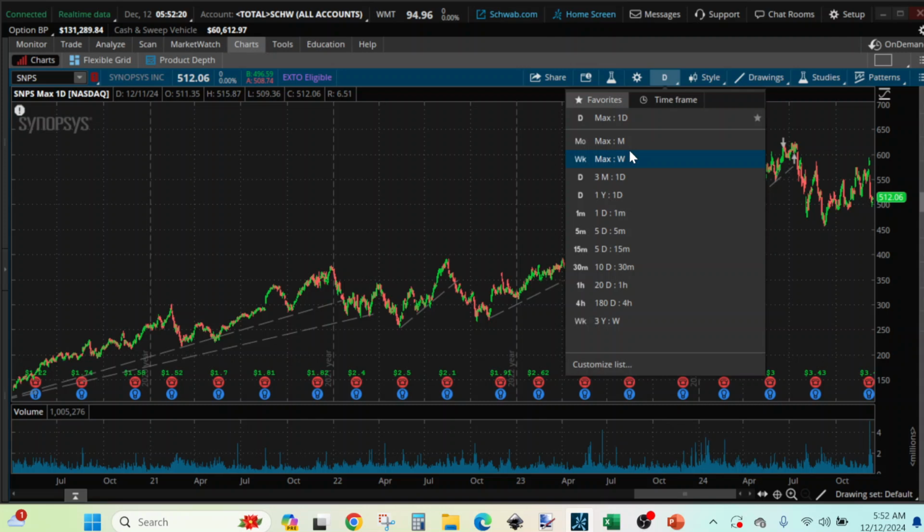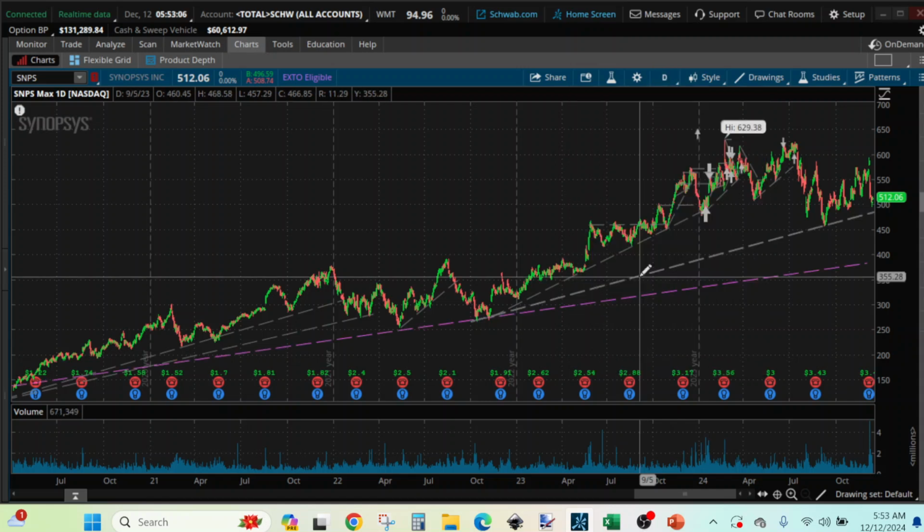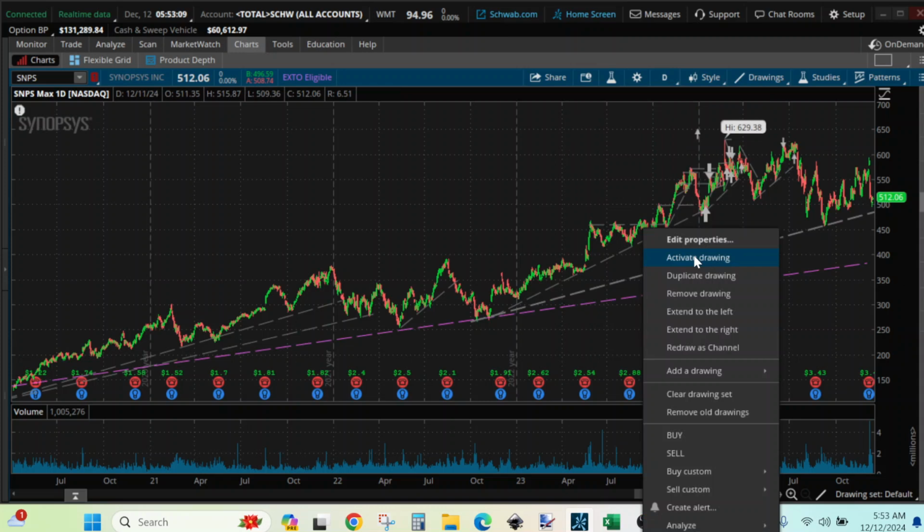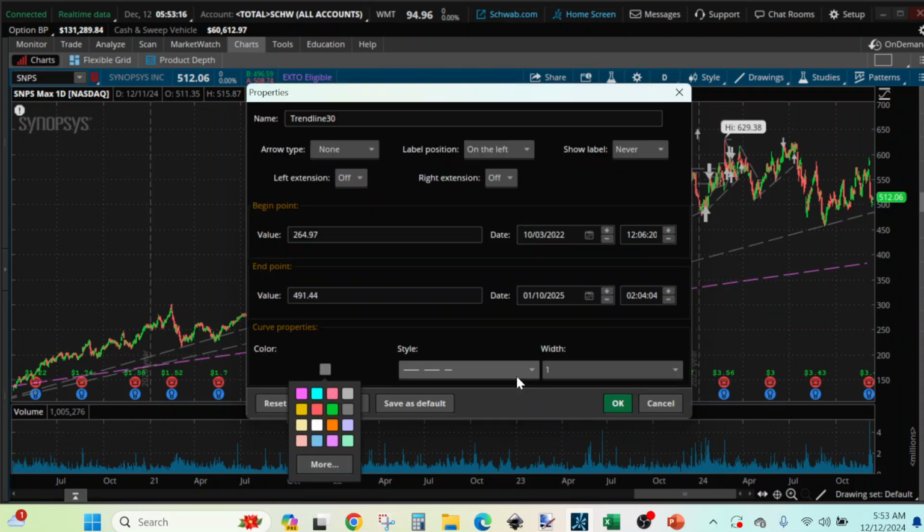Now let's go to the maximum daily chart. Okay, so this is the one we traced, and this one is the one that we traced from it. And let's go to the maximum monthly chart to see. Yeah, this here.